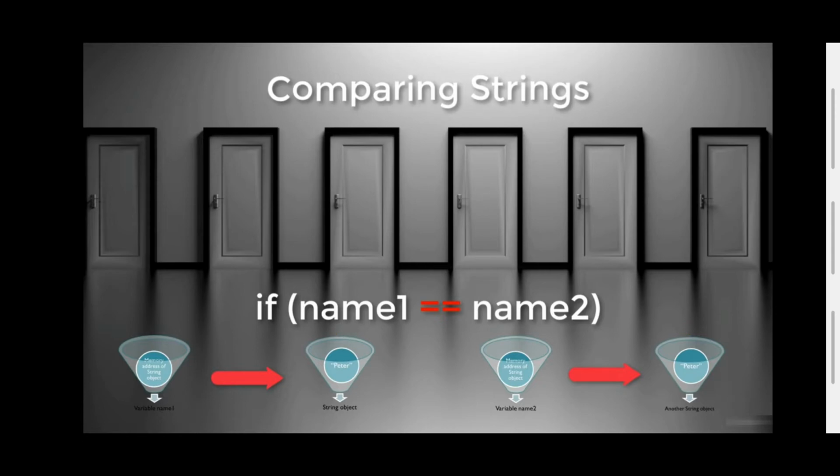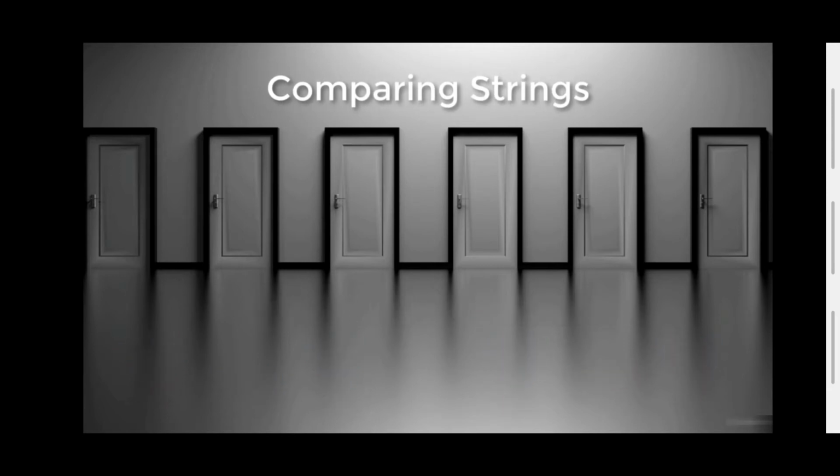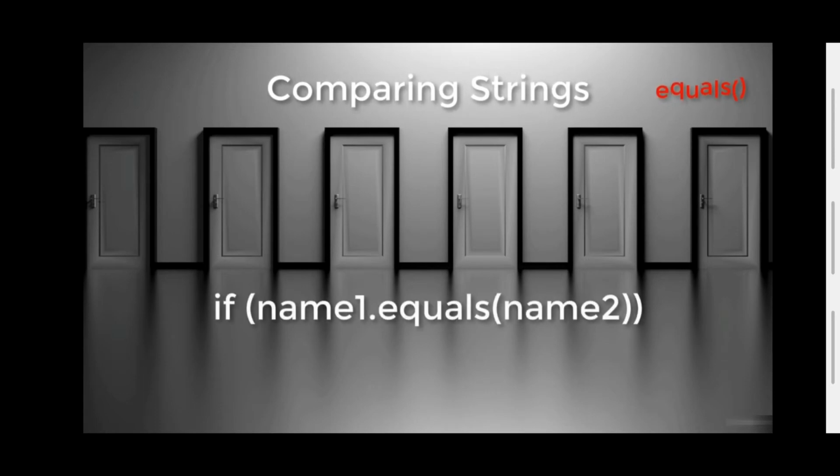So how then do we compare strings? Because strings are objects, we have some useful methods that we can use to compare strings. The first method is the equals method. Now look at the following example. If name1.equals(name2). Here we use the equals method on the string called name1, and we compare name1 with name2.